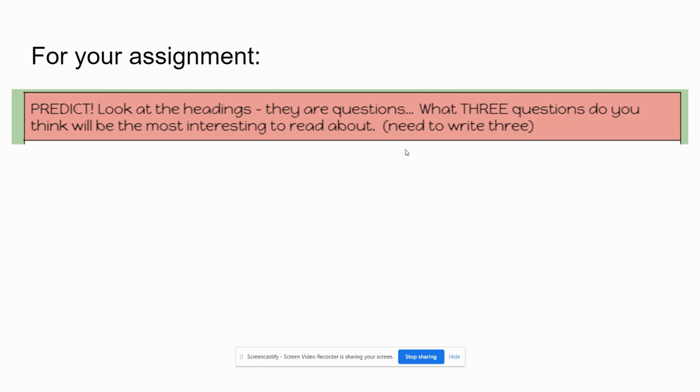It says, predict. Look at the headings. They are questions. What three questions do you think will be the most interesting to read about? In class, I also put this on the board and I told you specifically what the headings were and that you had to write down three.